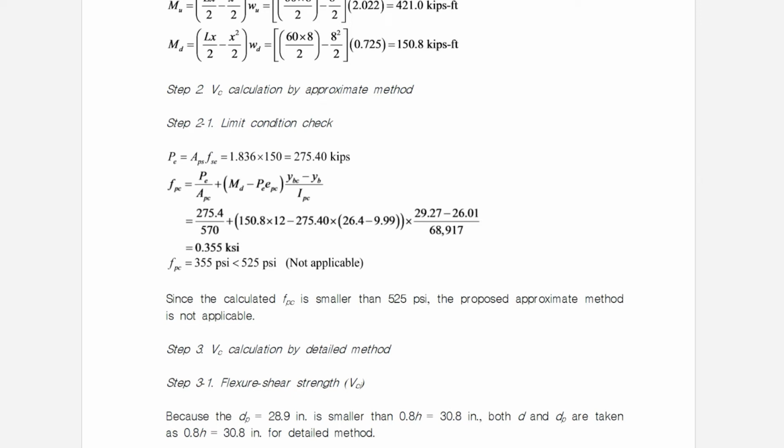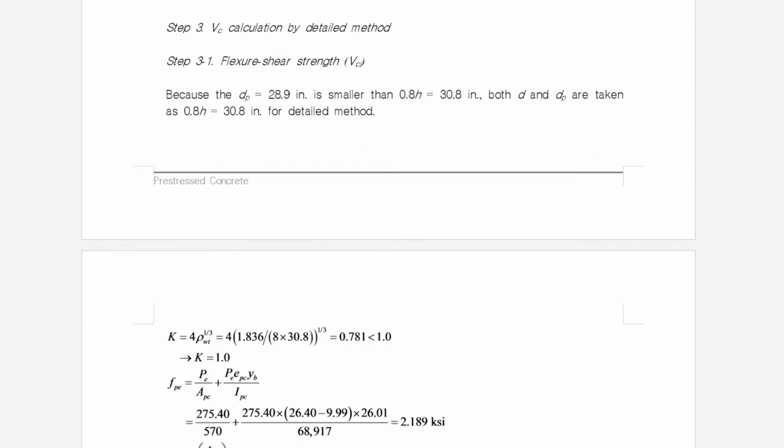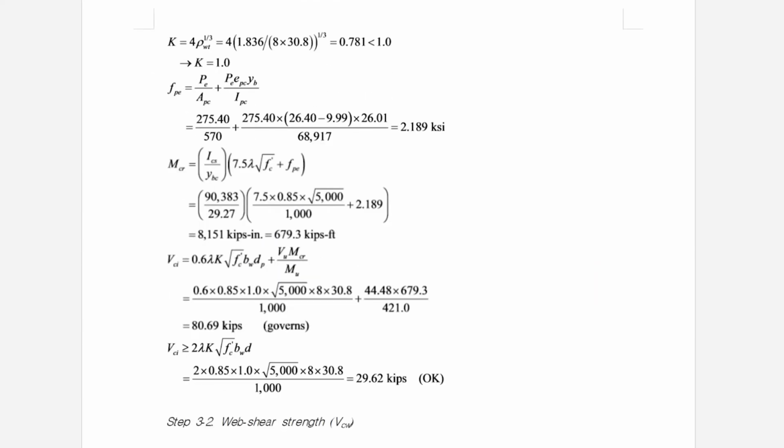First, flexure-shear strength VCI. Okay, DP at that 8 feet distance from the end is 28.9 inches, smaller than 30.8. So both D and DP are taken as just 80% of H, 30.8.